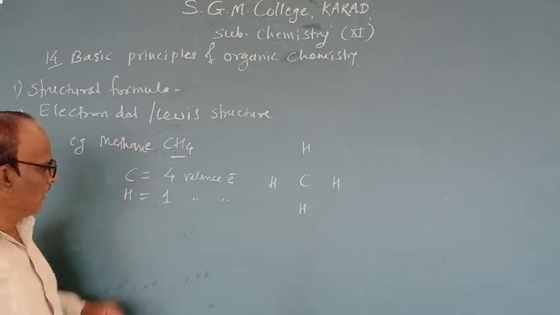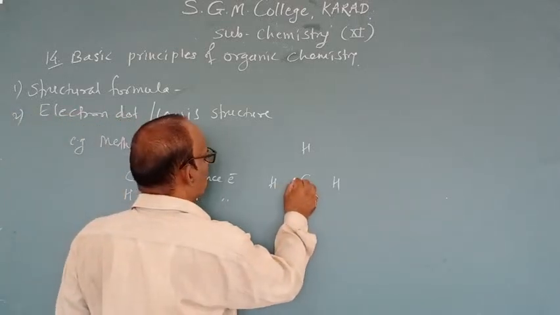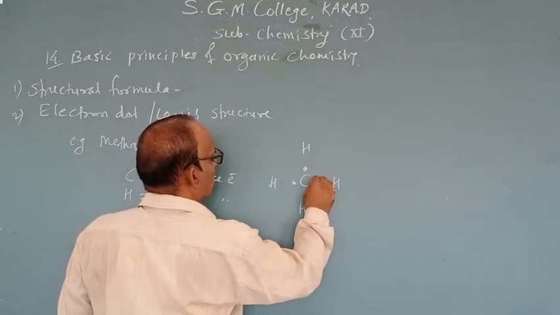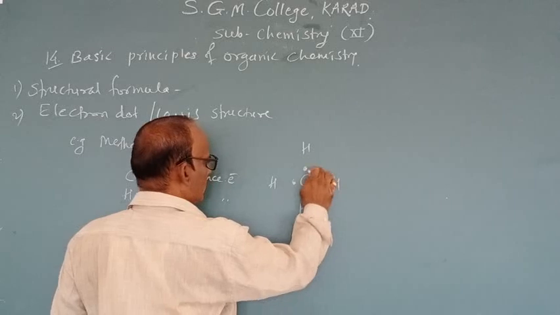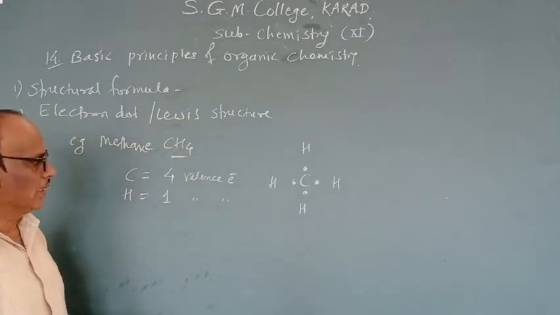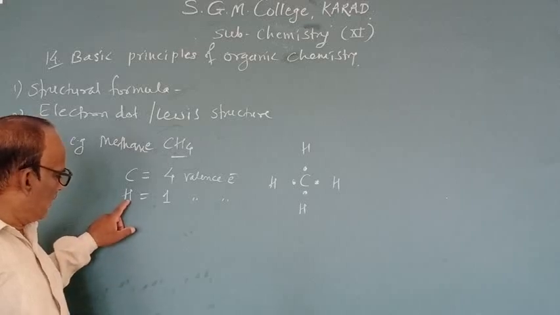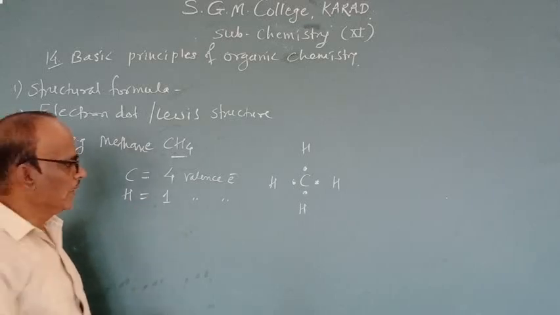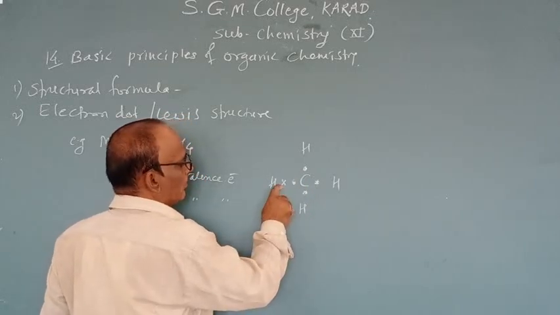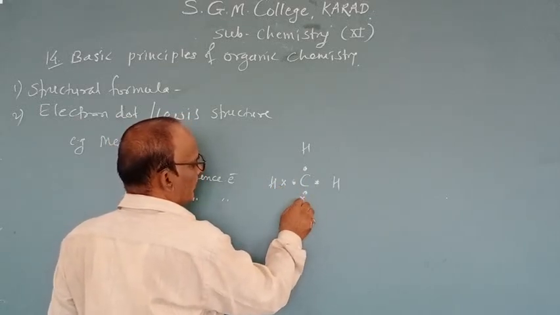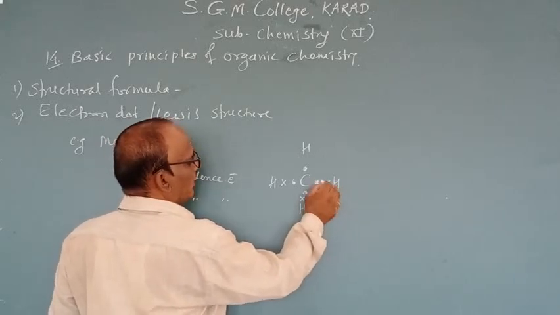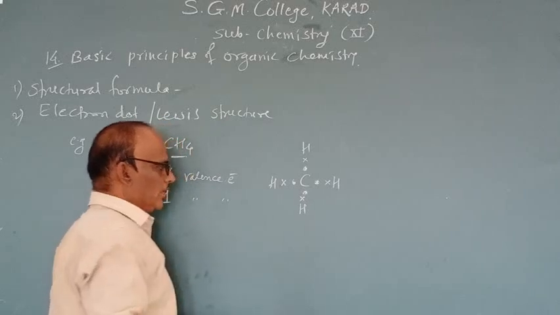There are 4 valence electrons, and these electrons are represented by dots. So these are the 4 valence electrons present in the carbon atom. Then each hydrogen atom contains 1 electron, which I represent by a cross. A cross represents an electron of hydrogen, so for each hydrogen there is 1 electron.